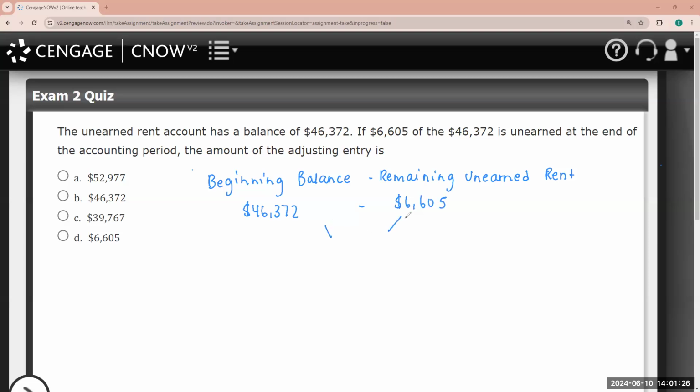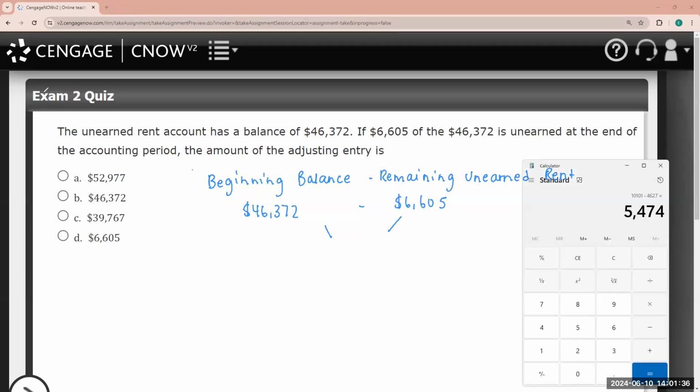So based on this information, the beginning balance minus the remaining unearned rent essentially lets us know the amount of the rent that has been earned. So we calculate it as so. $46,372 minus $6,605. So therefore, as we prepare to record our adjusting entry, the amount of earned revenue is $39,767. So our correct answer is C.